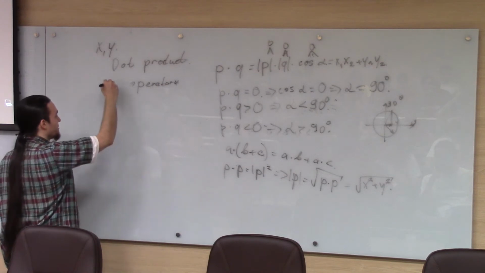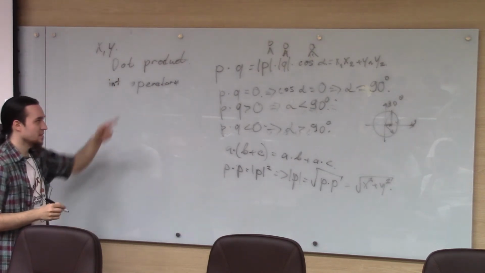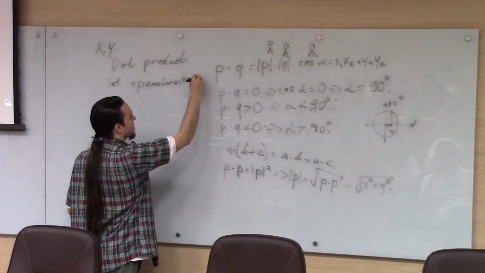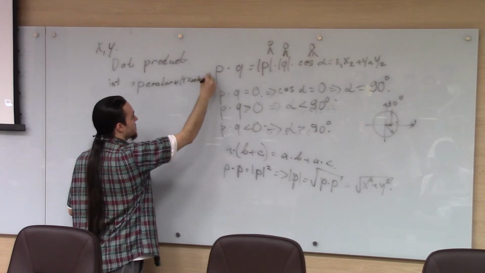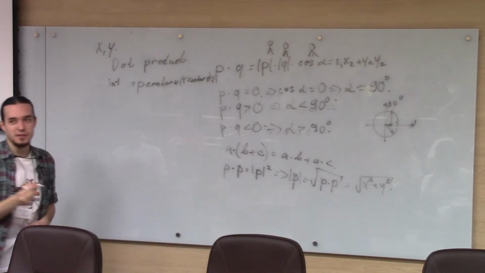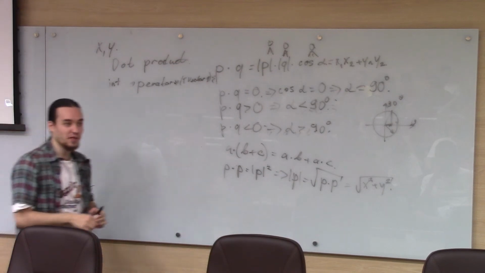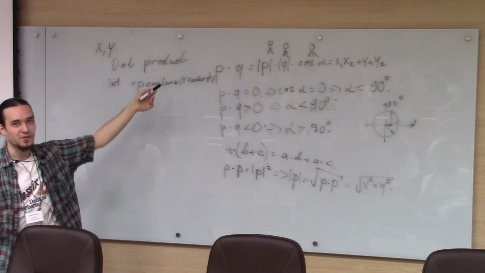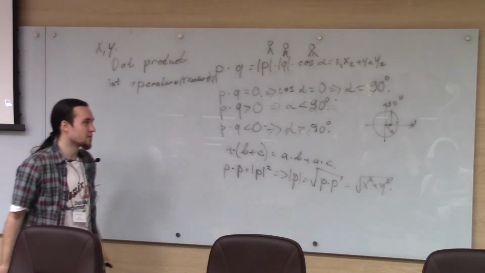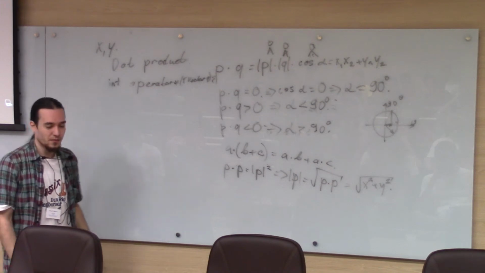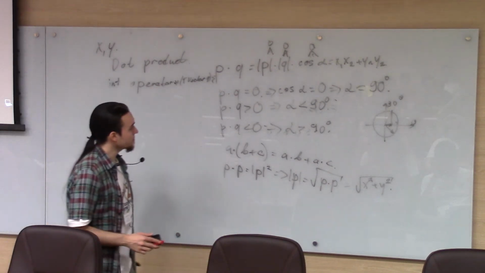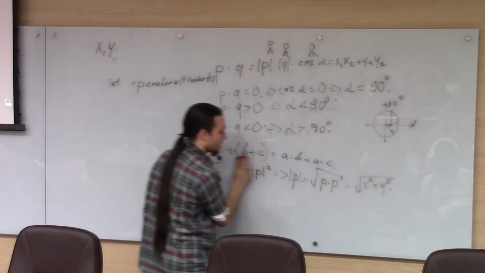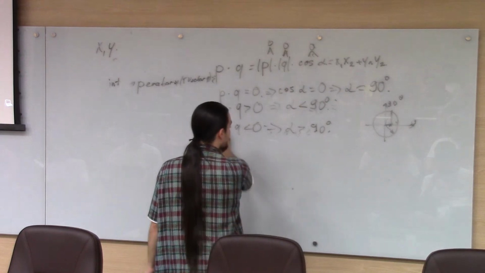So it returns some kind of number, since, okay, this is a number. And here we have another vector, q. And then here we return the number that's computed in accordance with that formula. Okay, so now we are empowered to use our dot product in the program without abstracting our code too much. Okay, so this was the first basic operation.